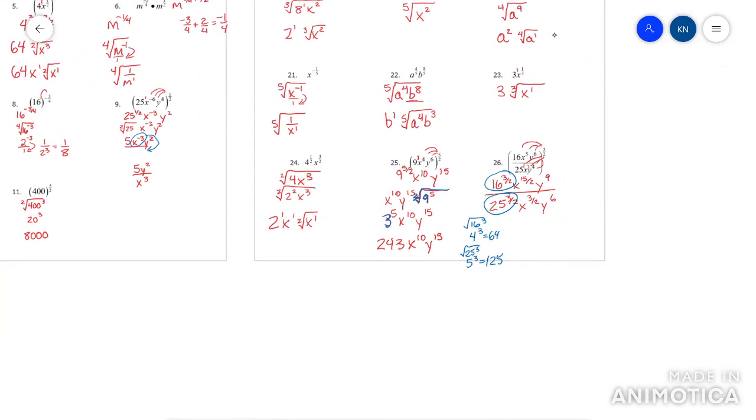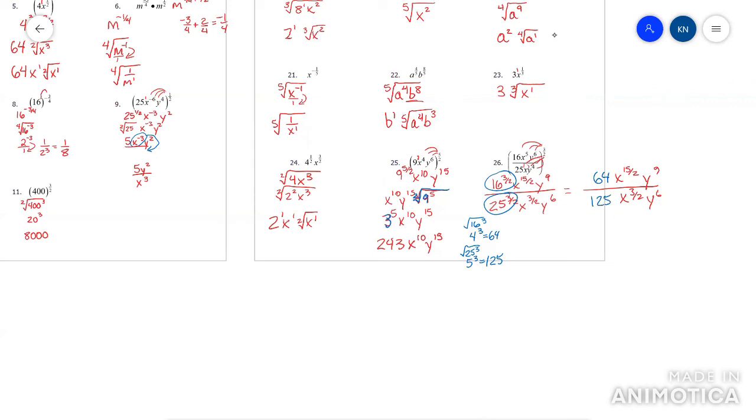So I'm going to make those changes now. And to keep it simple, that's the only thing I'll change right now. This doesn't change, this doesn't change, this doesn't change, this doesn't change. The only thing I changed was 16 to the 3 halves became 64, and 25 to the 3 halves became 125.